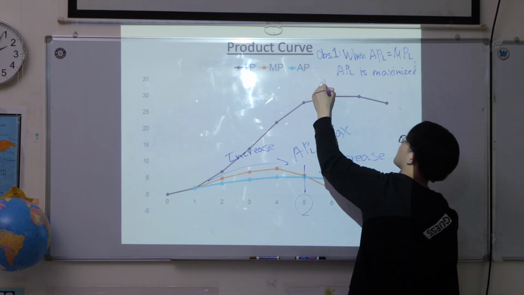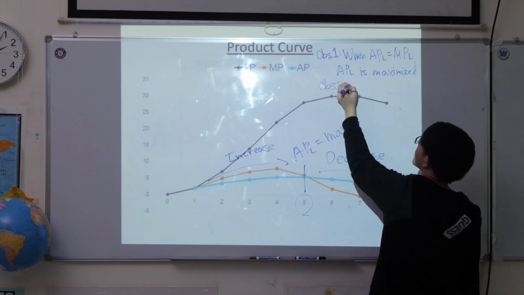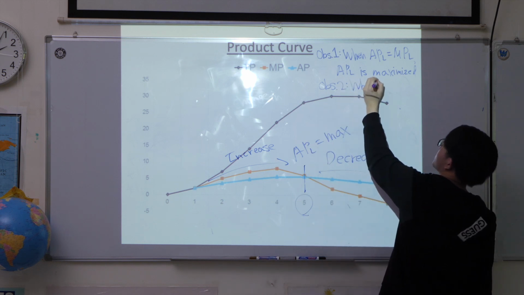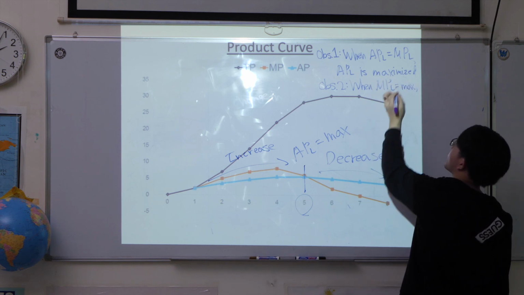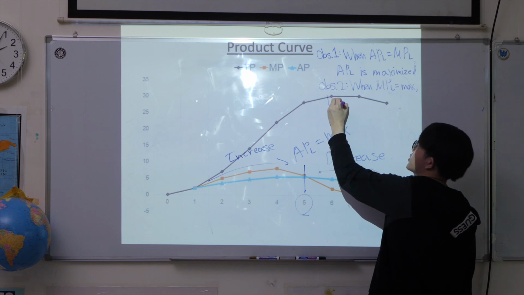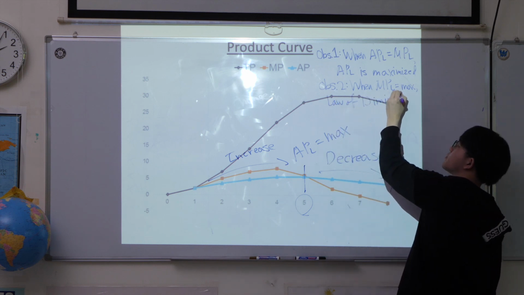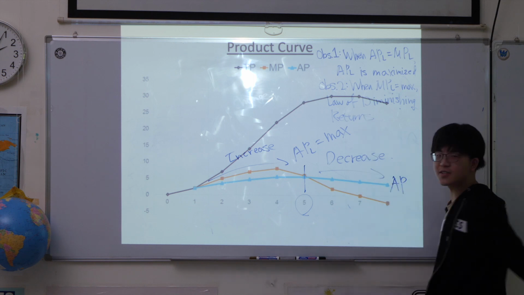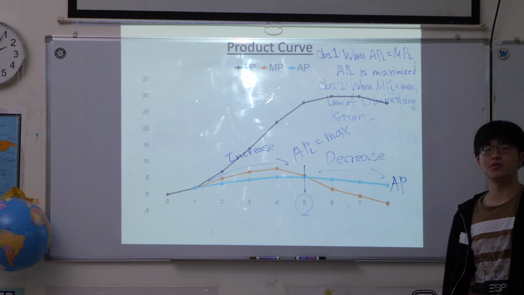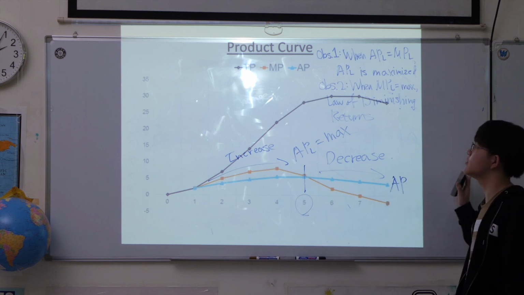Observation 2: when marginal product of labor, or MPL, is at maximum, law of diminishing returns. You guys need to take notes because this is the most important thing that you should understand for this chapter.